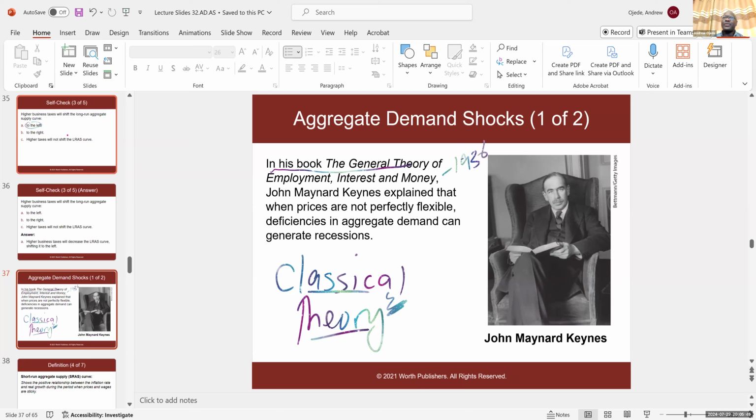It explained that when prices are not perfectly flexible, deficiency in aggregate demand can generate recessions. The classical economists had always told us that changes in aggregate demand had nothing to do with real output.